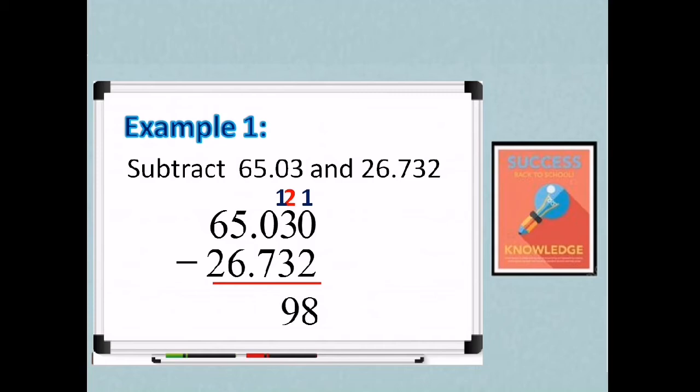9. Then, since we borrowed 1 from 0, 0 will become 9. Since we need to borrow again 1 from 5, 9 minus 7 is 2, then 5 will become 4. 4 minus 6 cannot be. We need to borrow 1 from 6, so it will become 14.